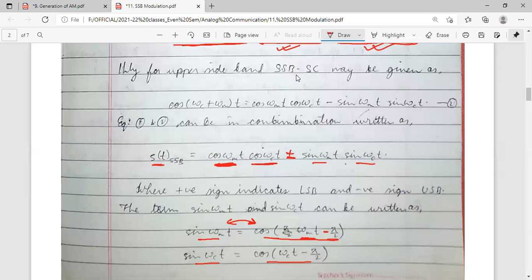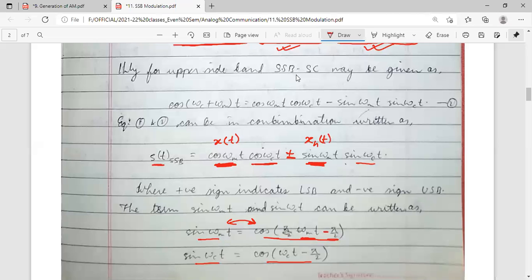So we can represent this cos omega mt as xt, if xt is a multi-tone signal. And this is nothing but the phase shifted version of this cos omega mt, shifted by 90 degrees, and it is represented as x of ht.